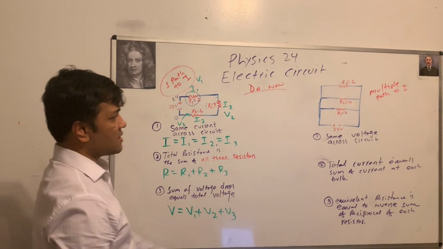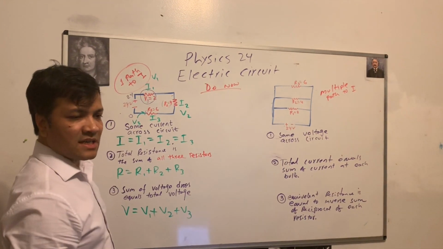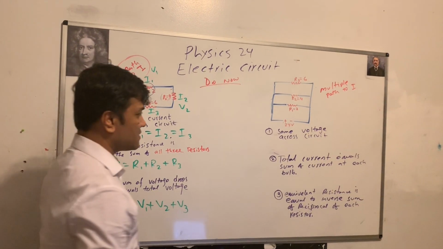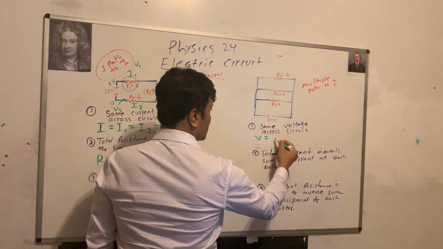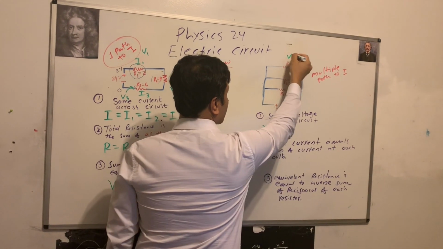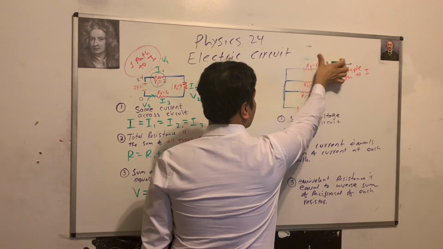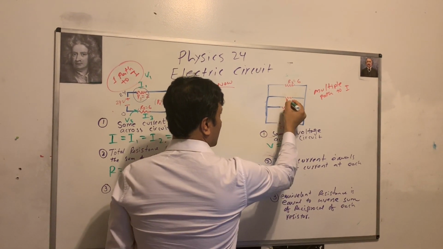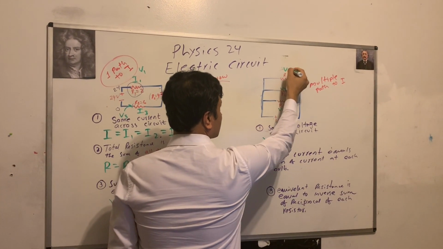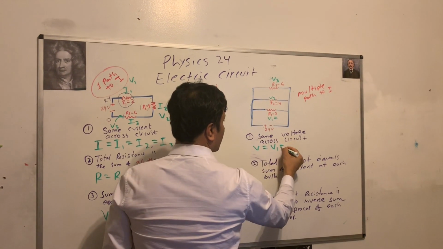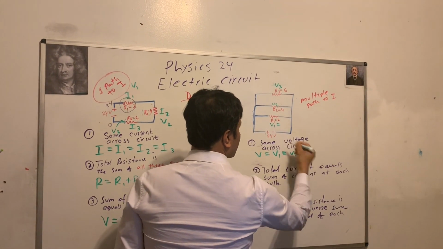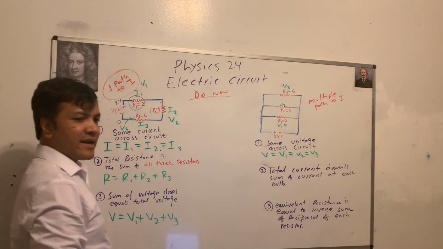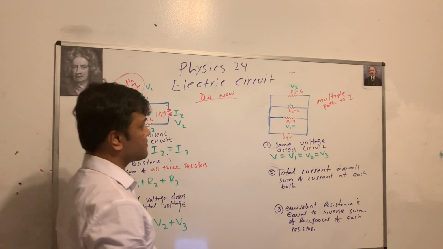Okay. Now let's go over there. Same voltage. How can you write that? Voltage is equal to V1, equals V2. We can call V1 this one. V1 is equal to V2 is equal to V3. Total current. How can you write that?